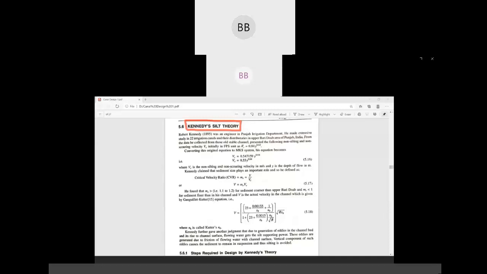Those things we don't need to discuss now, because when you go to the steps, we are going to discuss these things again. So next topic, you write steps required in design by Kennedy's theory, or you can write like this: steps required to design a mobile boundary channel by Kennedy's theory.